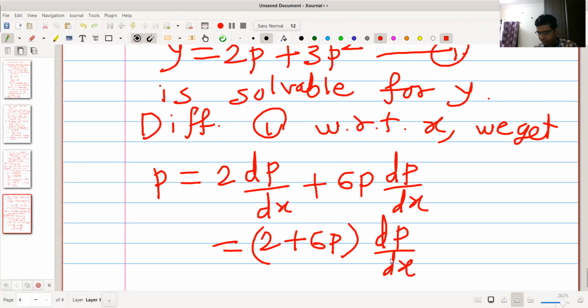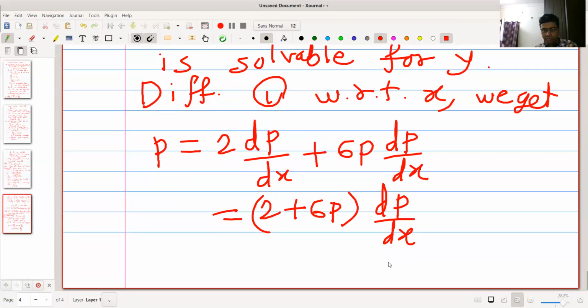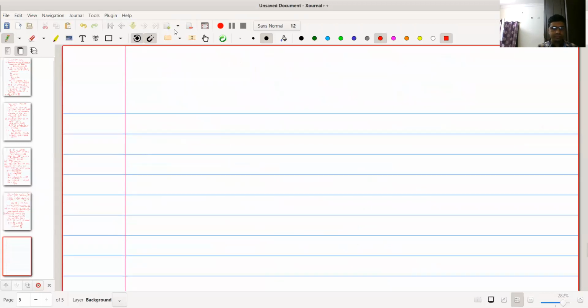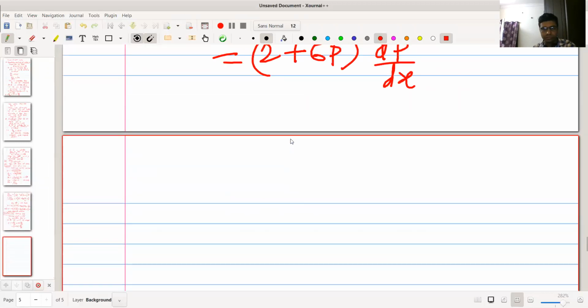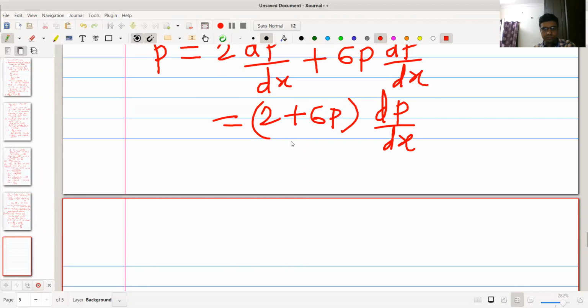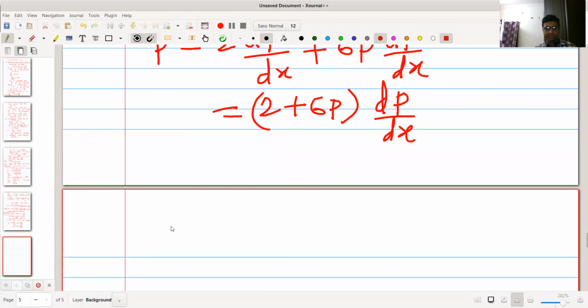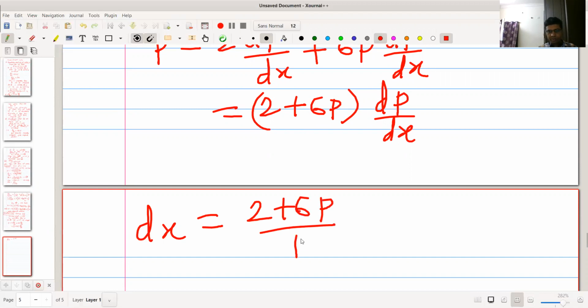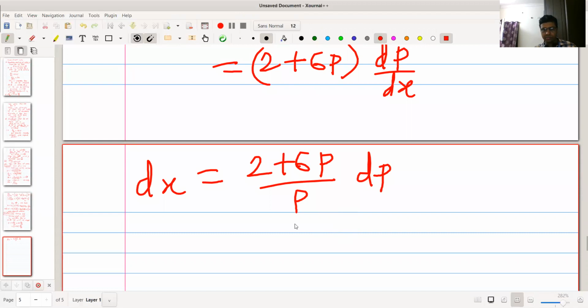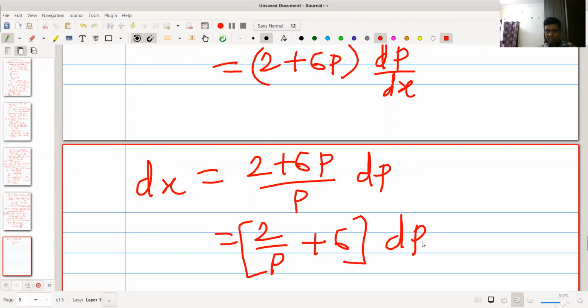So we can convert it to variable separable form. It is dx equal to 2 plus 6p divided by p dp, which is nothing but 2 divided by p plus 6 dp, and now we can integrate.